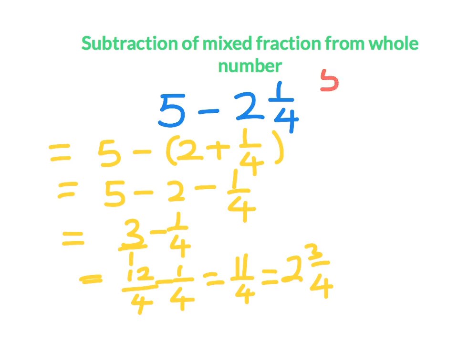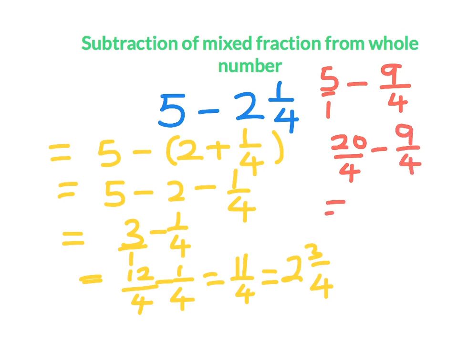So if we use the improper fraction method, we can say this is 5/1 minus 4 times 2 is 8, 8 plus 1 is 9, so 9/4. So convert them to like fractions, because we multiply with the opposite denominator. So 4 times 5, that's going to be 20 over 1 times 4, that's 4, minus 9 over 4.